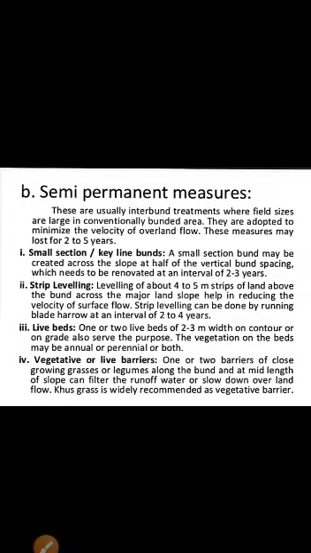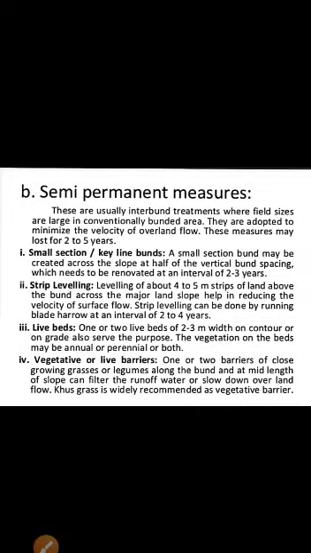If we talk about this, here also specific field sizes are there, and the field sizes are large, bunded areas, adopted to minimize the velocity of overland flow. Why is it large?